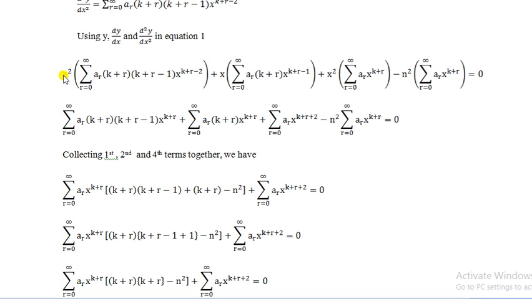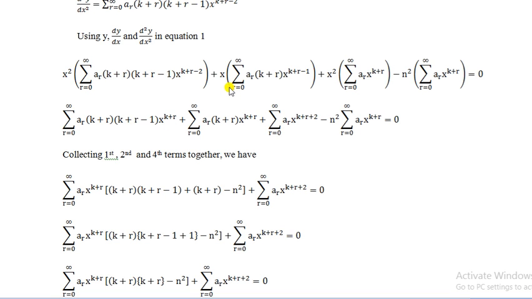Here the base is the same, so we add the powers: x raised to k plus r minus 2 plus 2. So plus 2 minus 2 cancel out. The remaining term is x raised to k plus r.